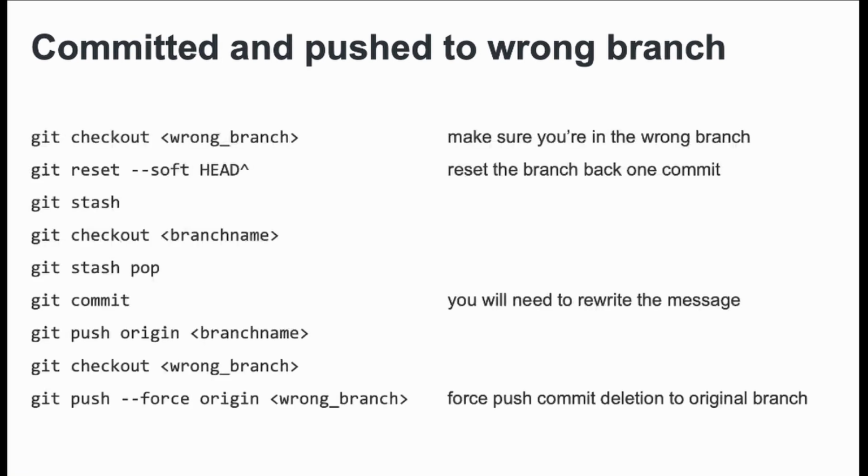And one way to resolve this is to check out the wrong branch, do a soft reset, stash those changes, check out the branch you actually want this commit in, retrieve your stash, commit it, push it to origin, and then check out the wrong branch and do a force push to origin. Force push is also a bit of a tricky thing.